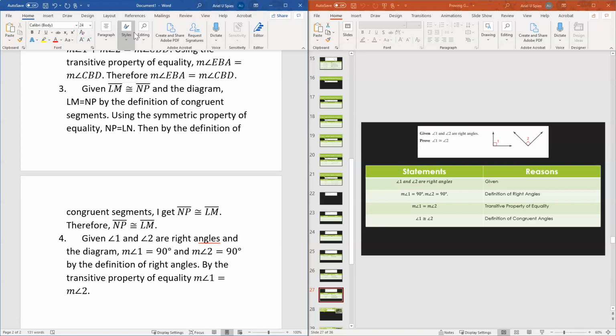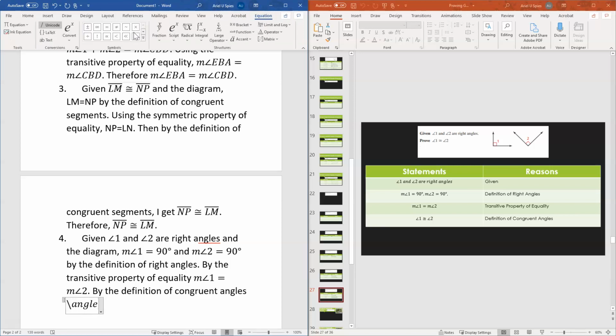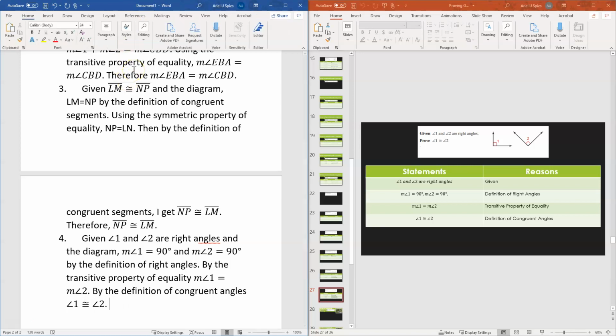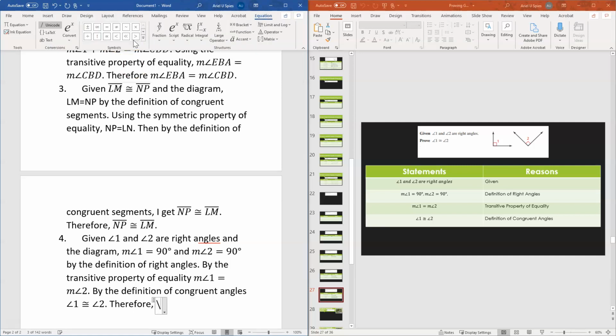Then I can say by the definition of congruent angles, angle 1, and then I want to go up here to find that congruent symbol, angle 2. Therefore, and I can do it again, angle 1, find my congruent symbol, angle 2.